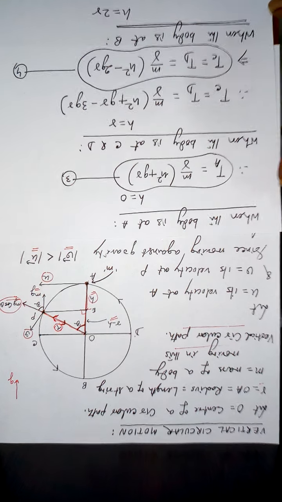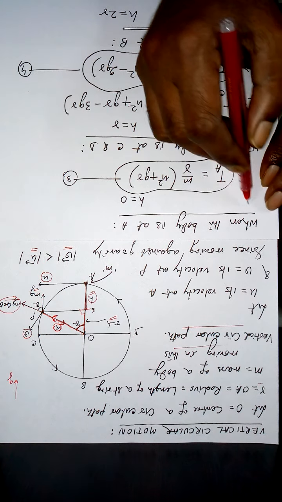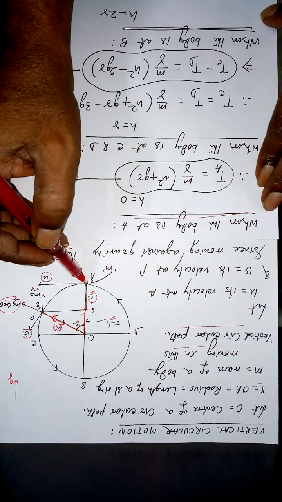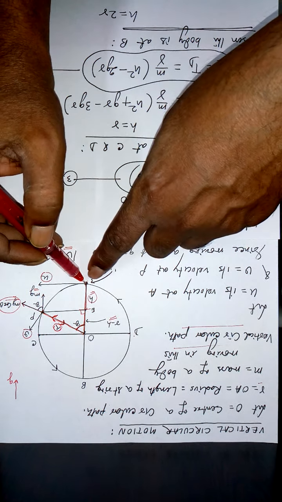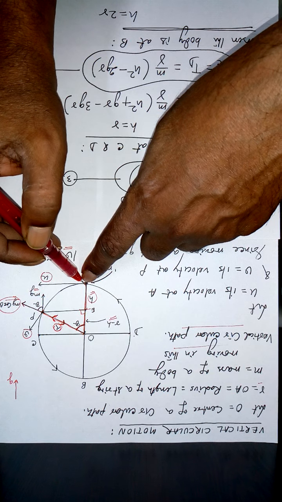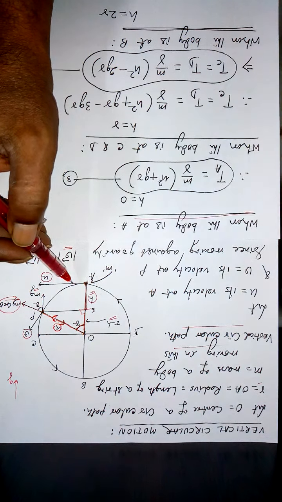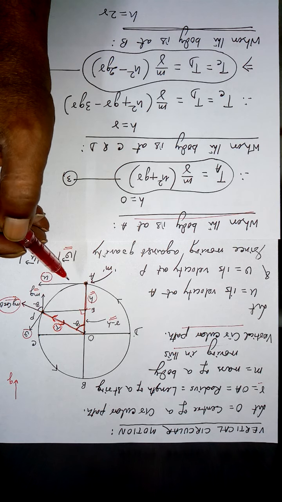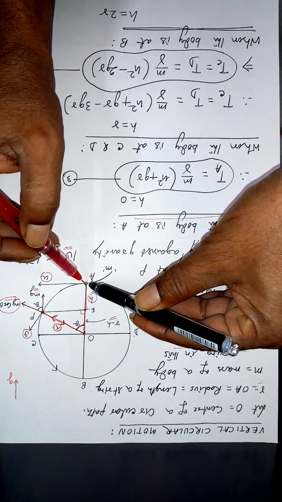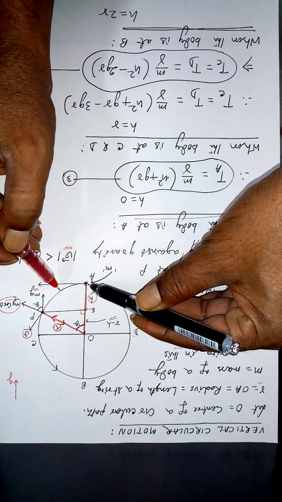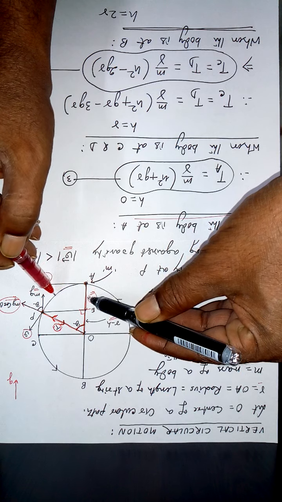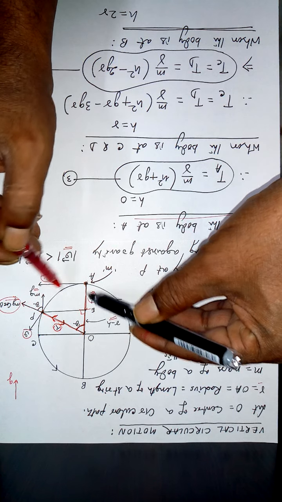So now look at the point A. When the body is at point A, then h is 0, because as it is moving up along the circular path, as this body moves up, this h also increases.